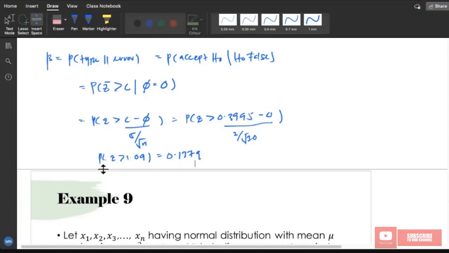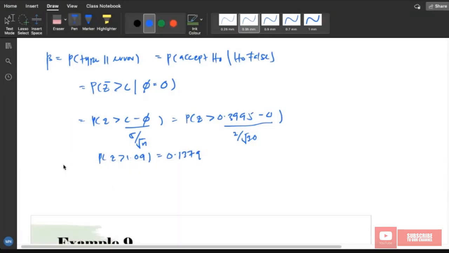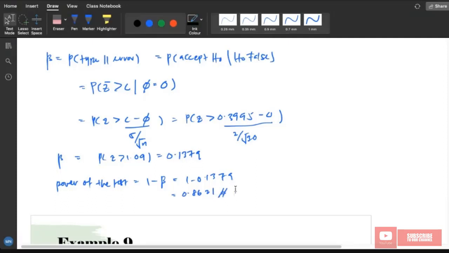So this is the value of beta, which is the probability of type 2 error. To find the power of the test, which is equal to 1 minus beta, 1 minus 0.1379 is 0.8621. So that's how we answer the question.